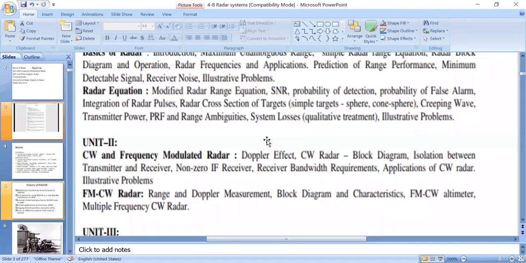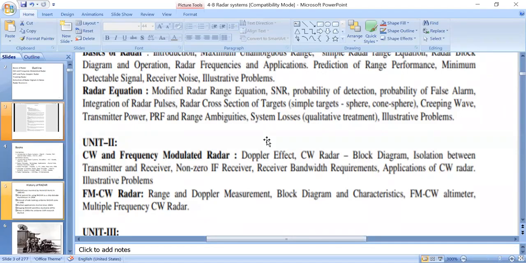If you transmit a continuous wave as an electromagnetic wave towards the target, then such types of radars are called continuous wave radars, right? Okay.